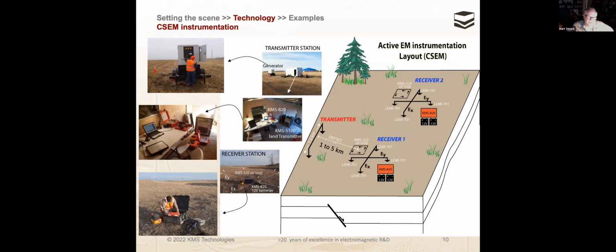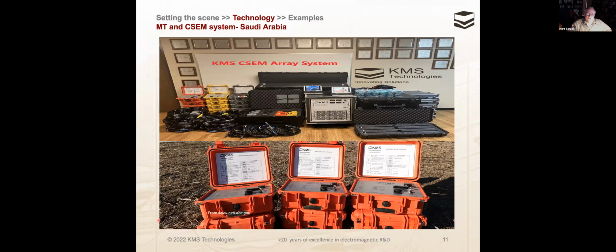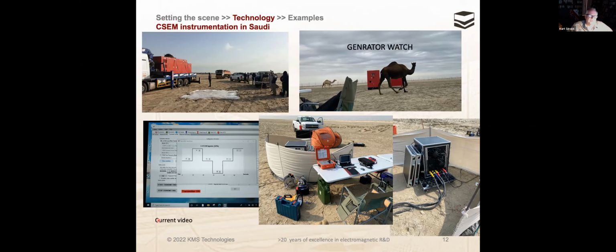As you all know, when you use a cell phone, you do not want to have that near the magnetometers. It gives you noise you don't want. This is the system just before it was shipped. It has 5 MT sites, and then the rest of it is all CSEM. Of course, the receivers can be used for both.